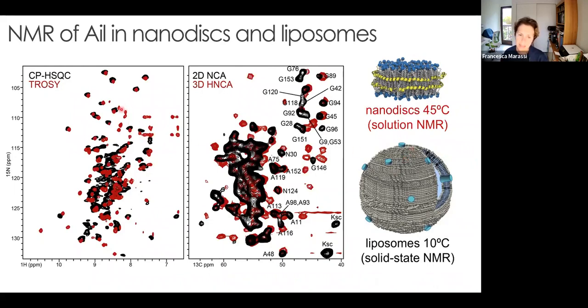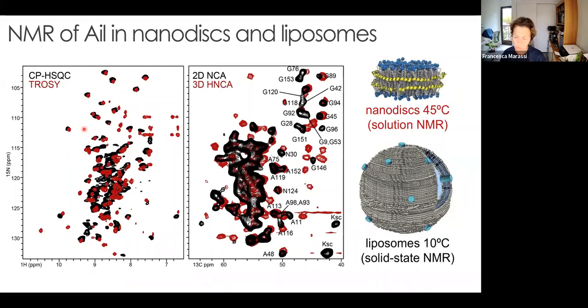And you can see that there's a lot of overlap between the resonances of, this is nitrogen proton correlation spectra, nitrogen carbon correlation spectra. There's a lot of overlap. There's very good line widths. This happens to be a relatively fast CP-HSQC experiment in which the proton line widths approach the range of 120 hertz.